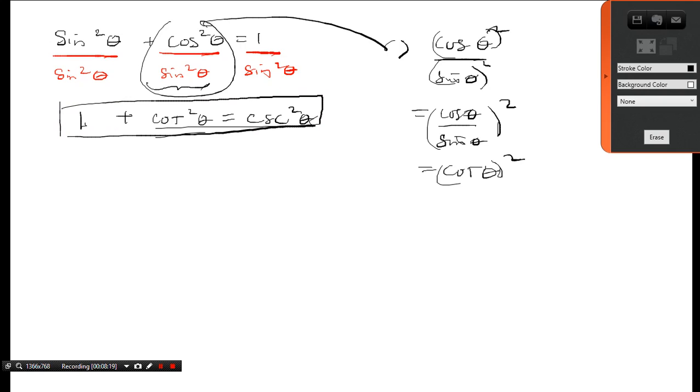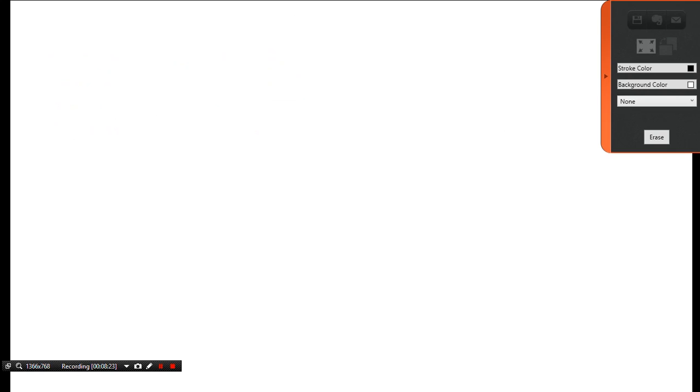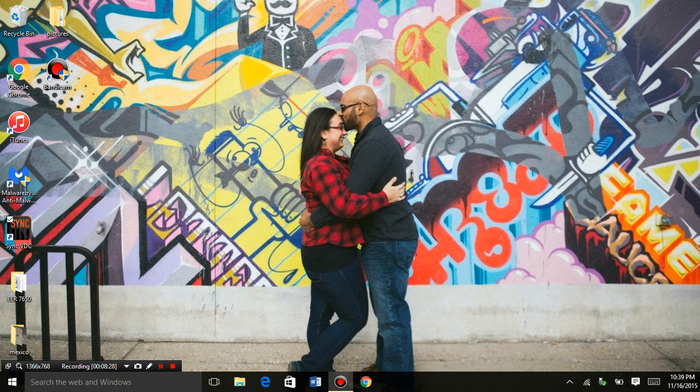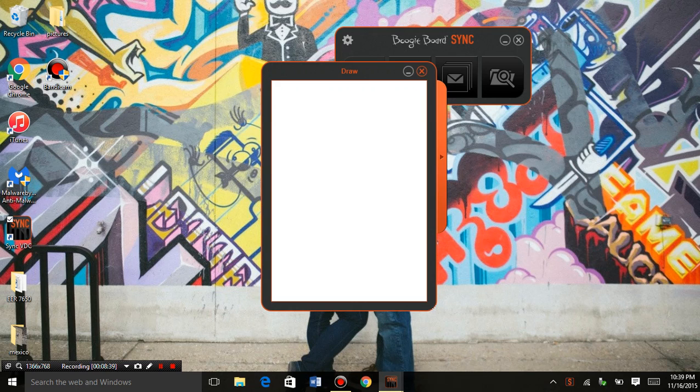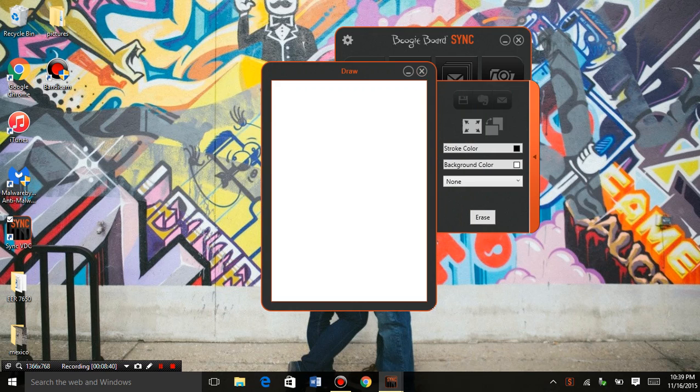So I'm going to write all 3 of these in the corner so we have them. Excuse me, I lost something. I hate when I always lose something. Run back, boom, and boom. Alright, so back to the drawing board. So we have sine squared theta plus cosine squared theta equals 1.